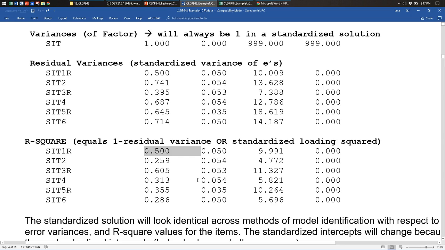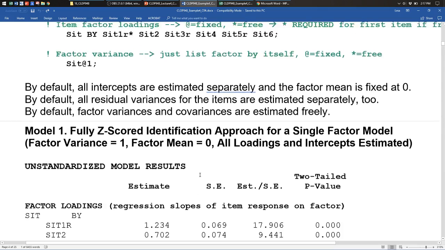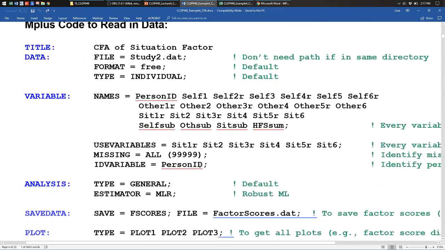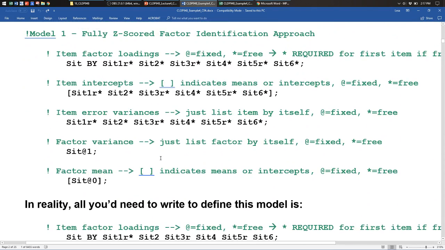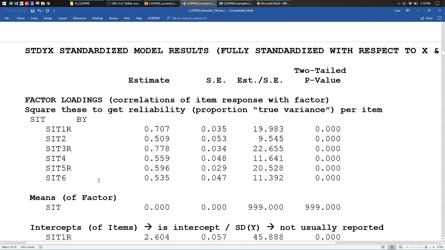So no matter what happens in terms of your type of identification, let me go back to the original model here. We decided to fix our variance to 1 and fix our factor mean to 0. If I had decided to make this 100 and 0, the standardized solution would be exactly the same.